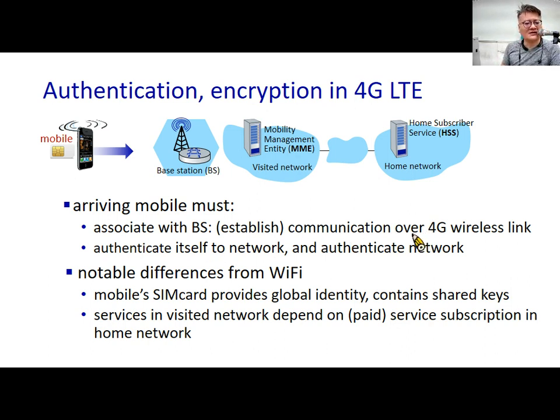It authenticates itself to the network and authenticates the network, notably different from Wi-Fi. The mobile uses the SIM card, which provides a global identity and contains the shared key. So the SIM card stores the global identity and the shared security key.